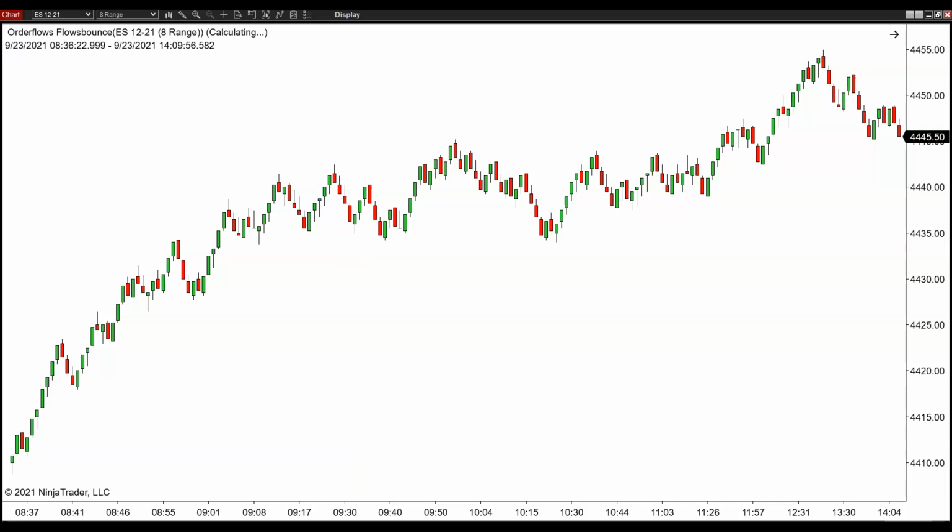Is this indicator only available for NinjaTrader 8? Yes, it is. It's not available for Sierra Chart. And I don't know when my indicators will be available on Sierra Chart, because right now I use NinjaTrader.